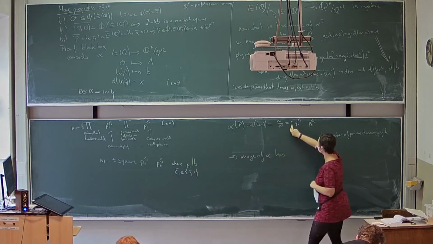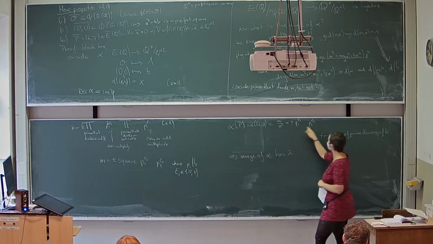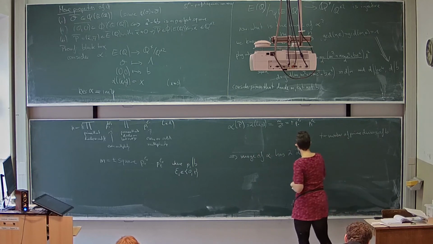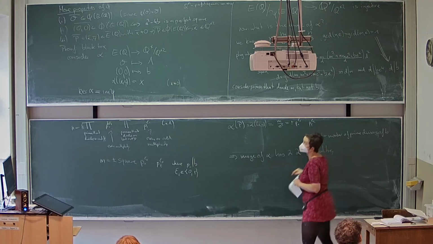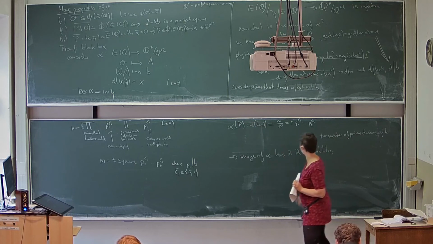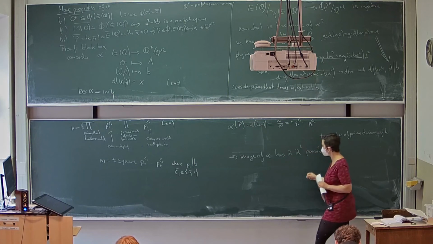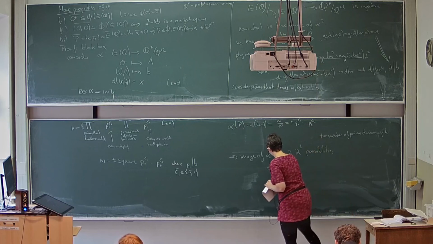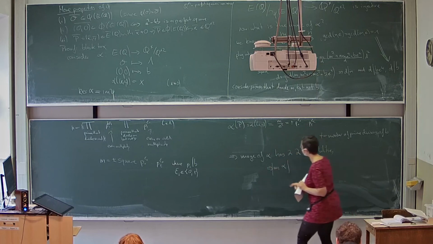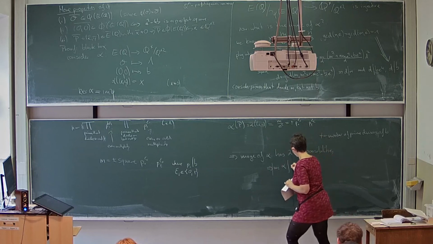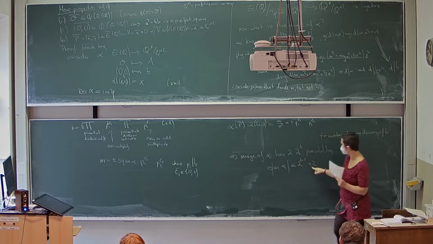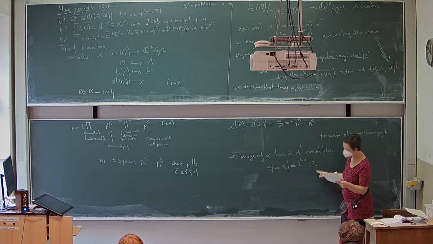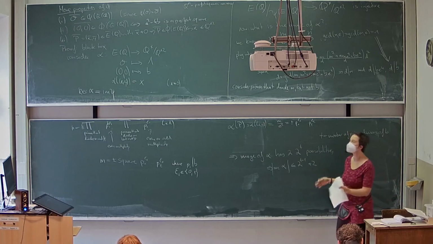So 2 for the plus minus, 2 to the t for this, and plus those 2. So the size of the image is at most 2 to the t plus 1 plus 2. I think in the book they forgot this plus 2. But it doesn't matter because it's only about being finite.